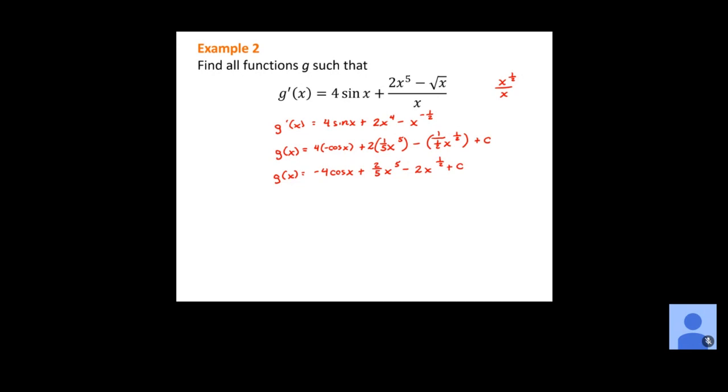Any questions on that antiderivative now? No, we're not secretly doing integrals because we haven't talked about integrals yet. And this is technically not the same thing, right?